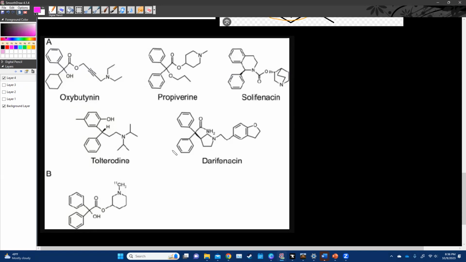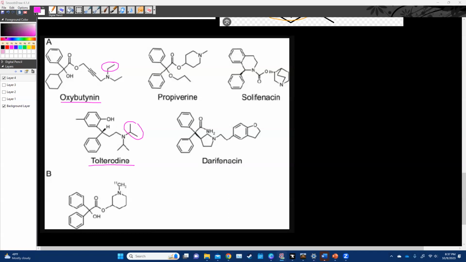So here's tolterodine down here, and let's compare it against oxybutynin, for example. Specifically, I want us to look at the ethyl group in oxybutynin versus the isopropyl group in tolterodine.